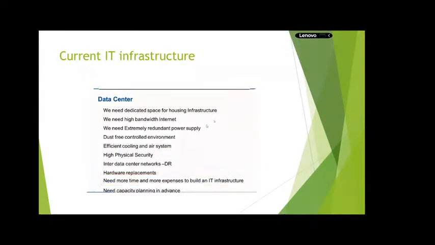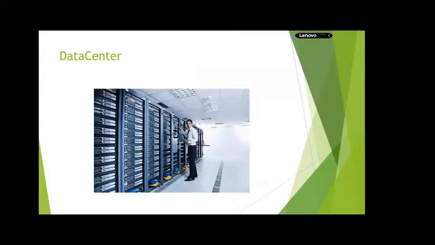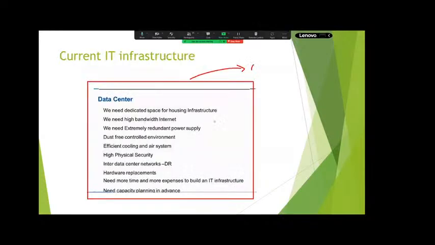If you would like to build a few servers, it will take a minimum of 7 to 10 days, even in real time. Because of all these challenges, the entire IT industry is looking towards cloud, cloud, cloud. Clear? So let me summarize the points we have discussed so far: what is infrastructure, what is the cloud, and what challenges there are in maintaining our own data center.